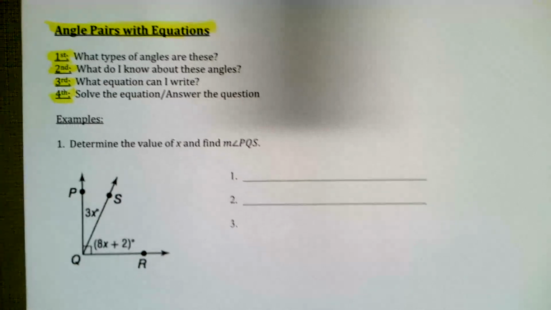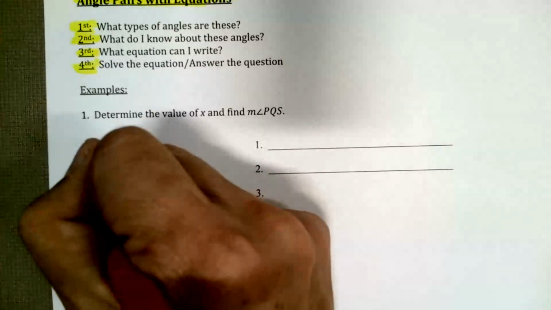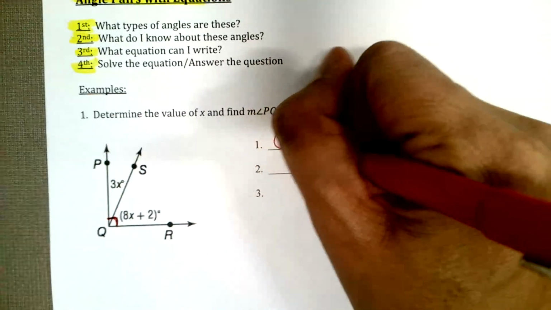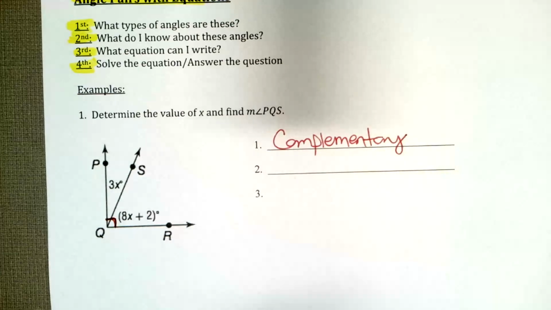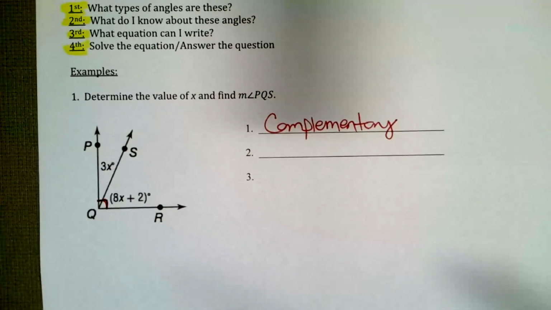So if we look at example 1, determine the value of x and the measure of angle PQS. What types of angles are these? Based on this, we have complementary angles. And then what do we know?